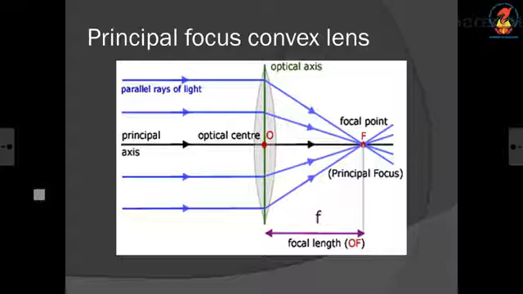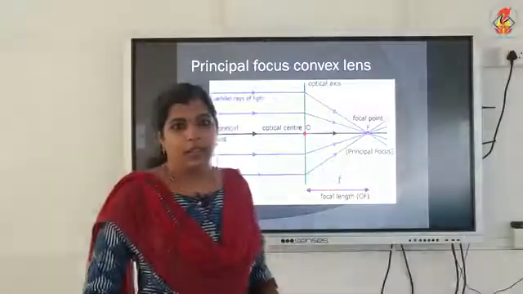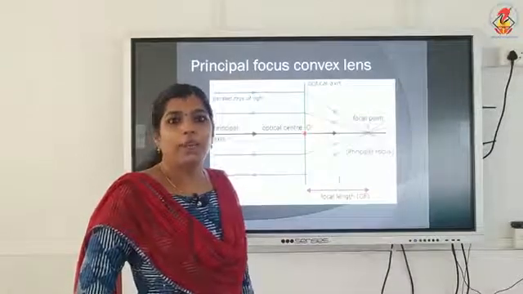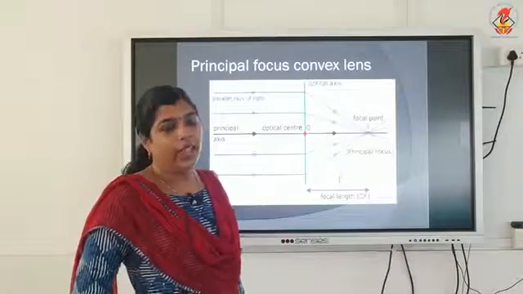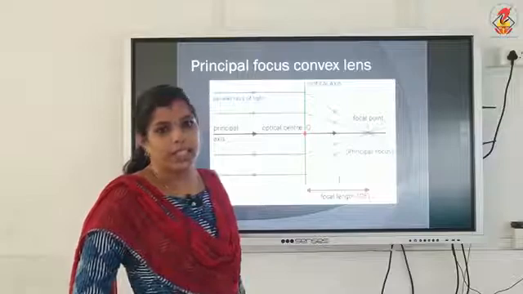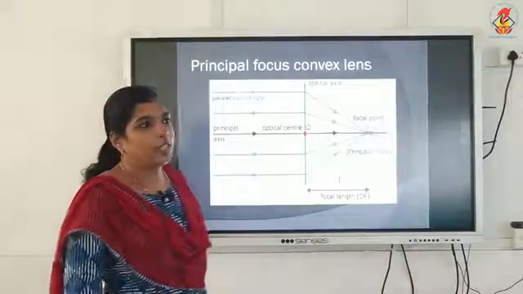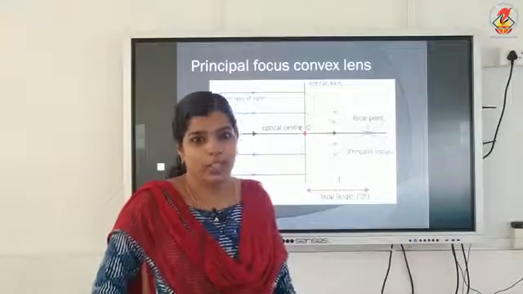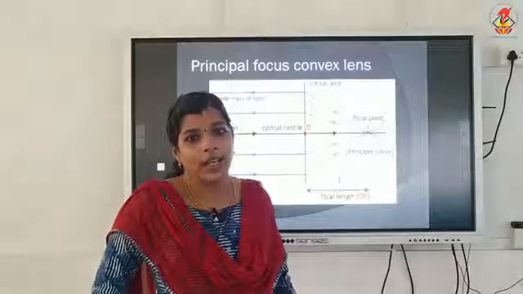Now we will draw the center of curvatures. Here normally for lens we will not mark it, but we will draw a straight line passing through the optical center. That is a principal axis. Actually, principal axis means a line joining the two center of curvatures.